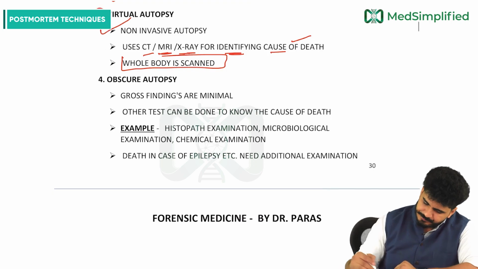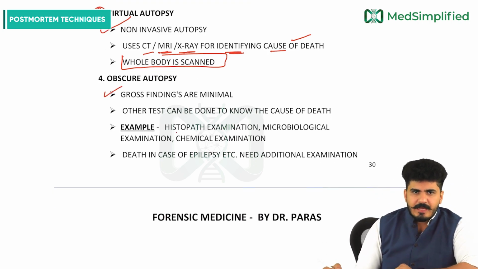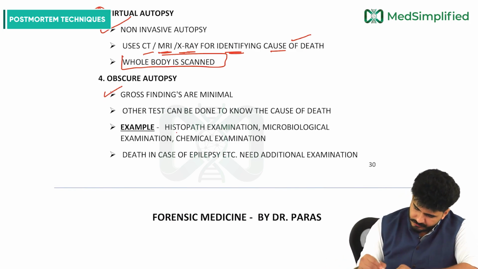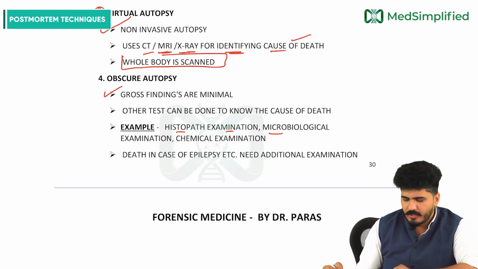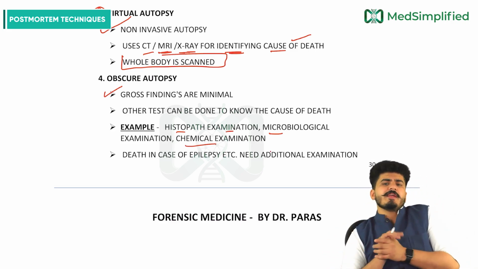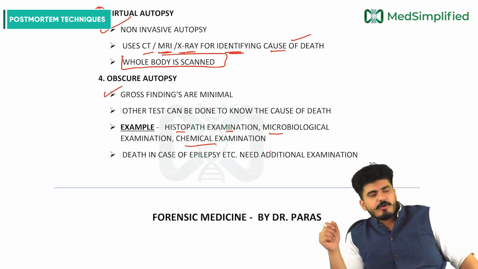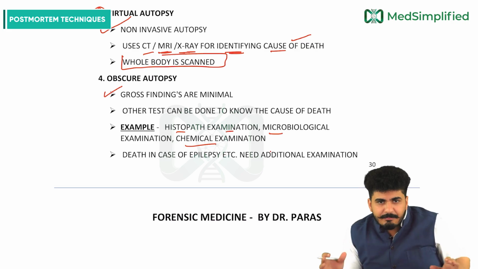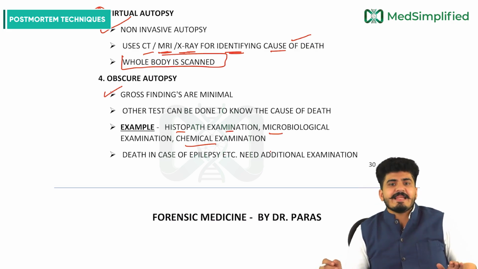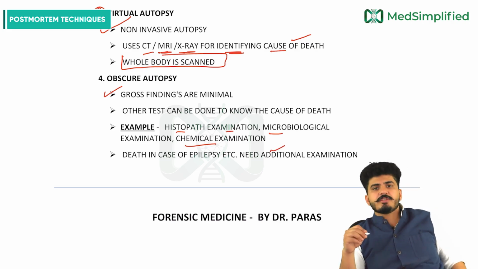So first, gross findings are minimal. Then other tests can be done to know the cause of death, for example histopathological examination, microbiological examination, chemical examination. We have to use the laboratories; tissue samples and all the blood samples we need to send to the laboratories to check further what has happened to my patient. Death in case of epilepsy etc. needs additional examination.